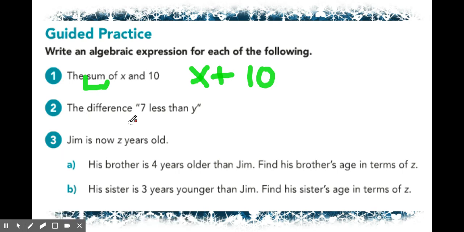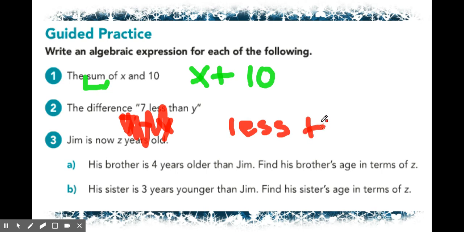Our next example, number 2, it says the difference 7 less than y. It's very common for people to say, well, less than is subtraction, so I have 7 minus y. But this is incorrect. When we're looking at the words less than or greater than, maybe write a side note in your notes.